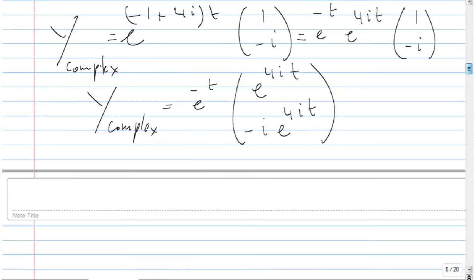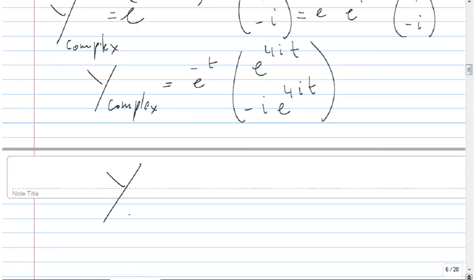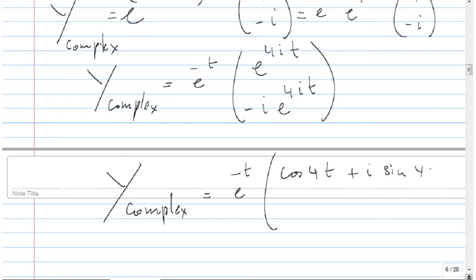Now we need to use Euler's formula. y complex equals e to the minus t times (cosine 4t plus i sine 4t), and at the bottom it's going to be minus i times i, that's plus, so it's going to be sine 4t minus i cosine 4t.